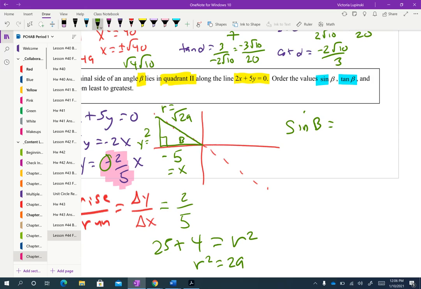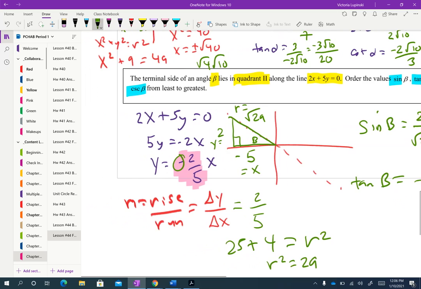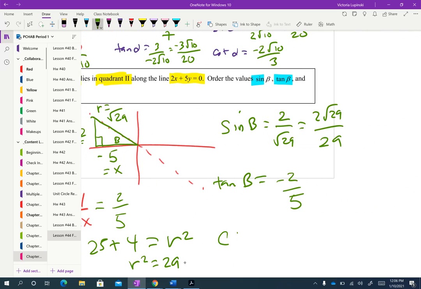So the sine is equal to the y over the r. So 2 over the square root of 29, or 2 radical 29 over 29, followed by the tangent. A tangent is, of course, a y over an x, which would be negative 2/5. And then finally, a cosecant. And the cosecant is the reciprocal of the sine, which would be the square root of 29 over 2.